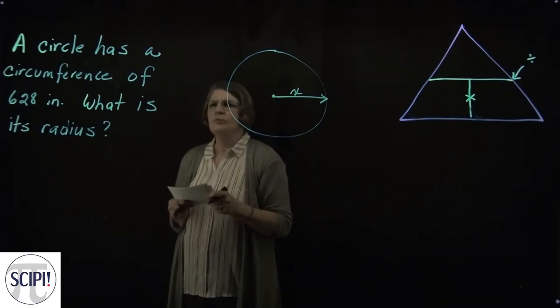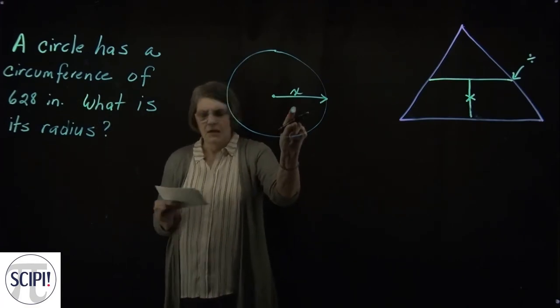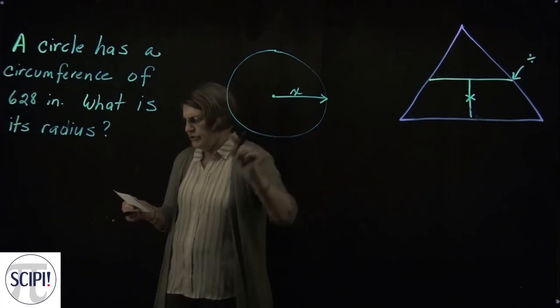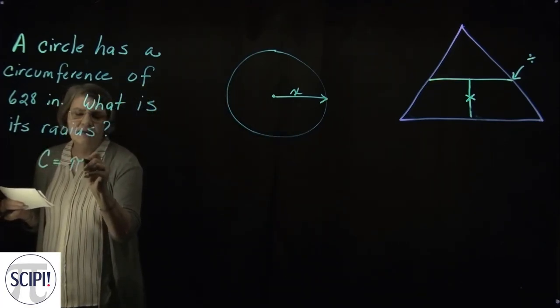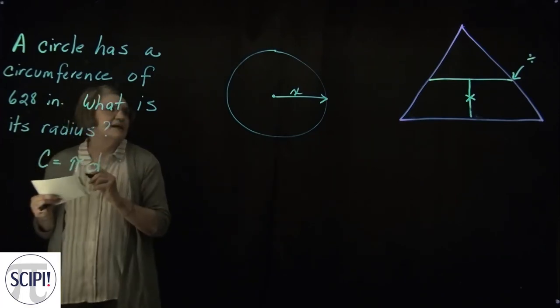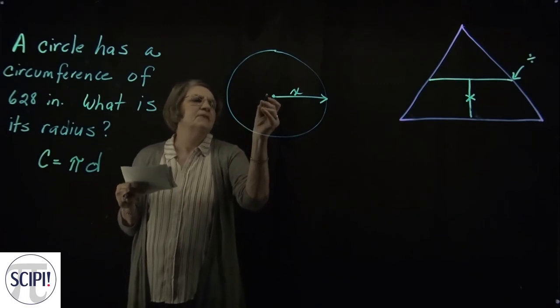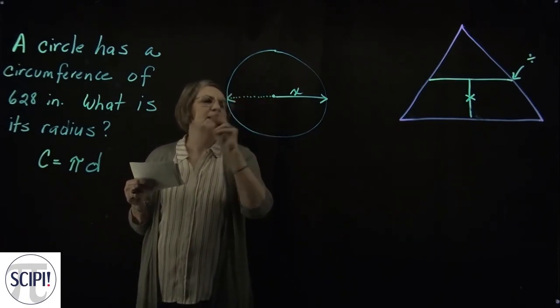Now, it doesn't seem like we have enough information. We only have this and this. So first of all, we need to know the formula for circle. Now we can use circumference is pi d, and what does d stand for? I'm waiting. Thank you, William. It's the line that cuts the circle in half.